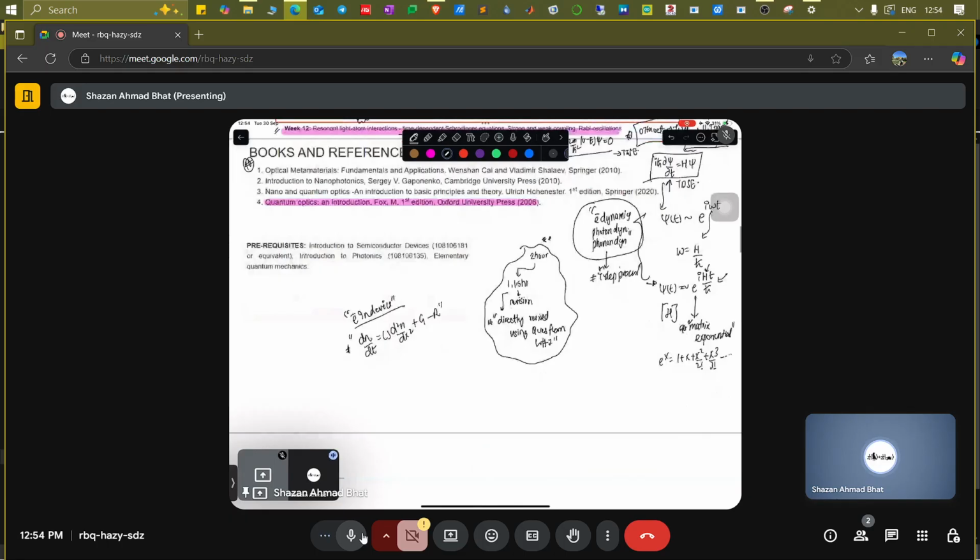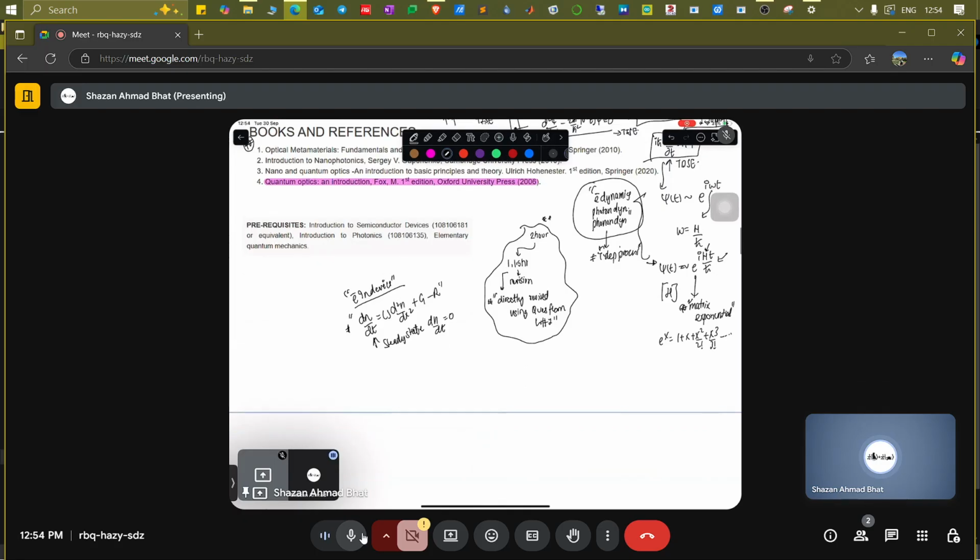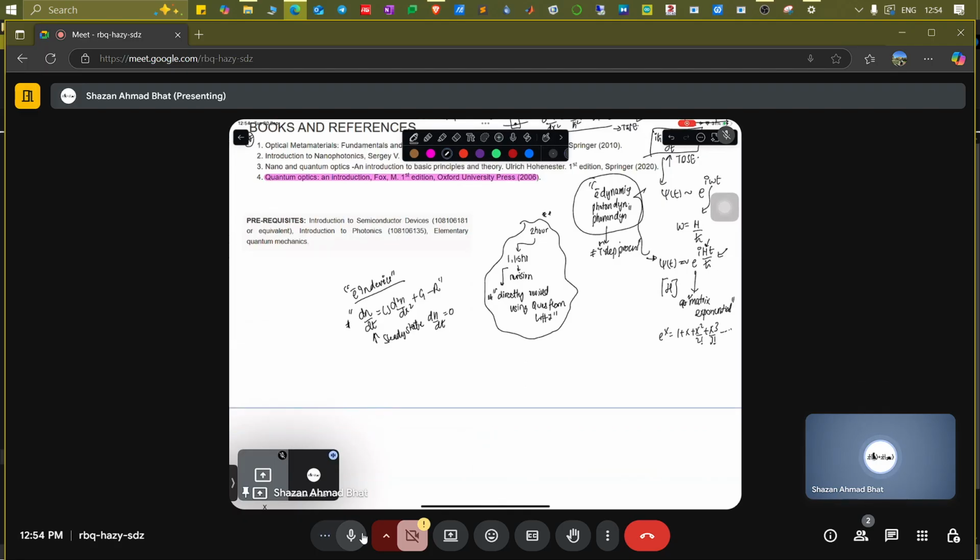Remember this rate equation? Okay, so it's a time dependent equation, and you considered in a steady state dn by dt is equivalent to 0. That means there is no significant variation with respect to time. Then you solve this steady state equation, which is d square n by dx square plus generation minus recombination equals to 0. So this is the equation you have been solving.